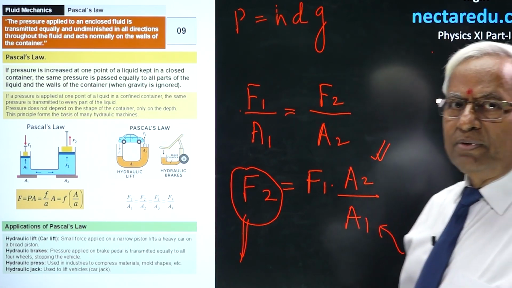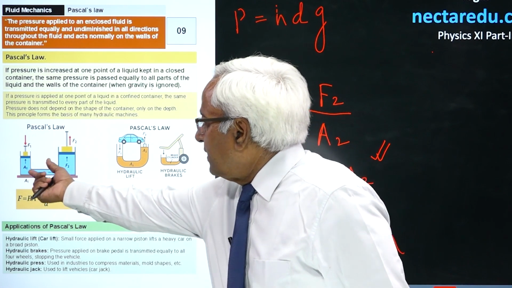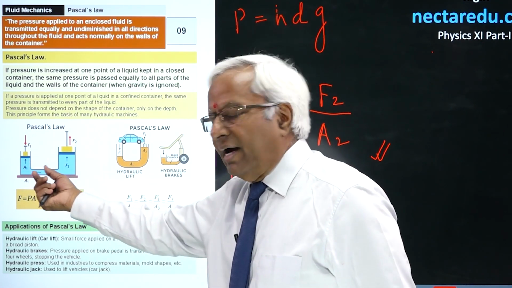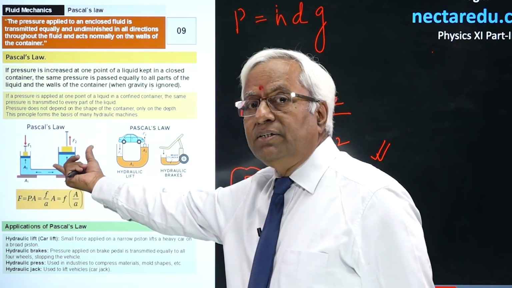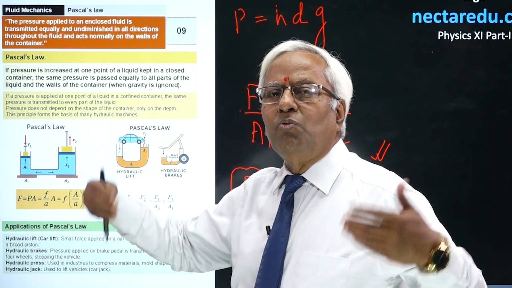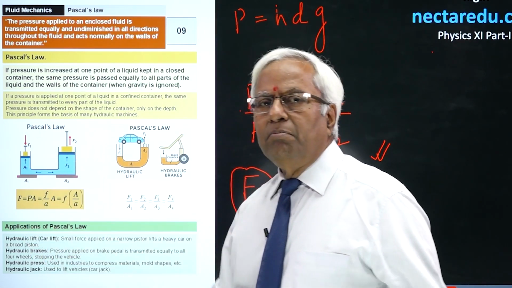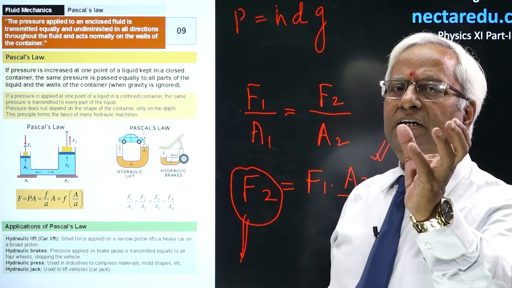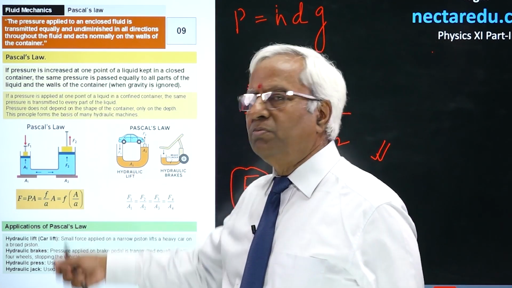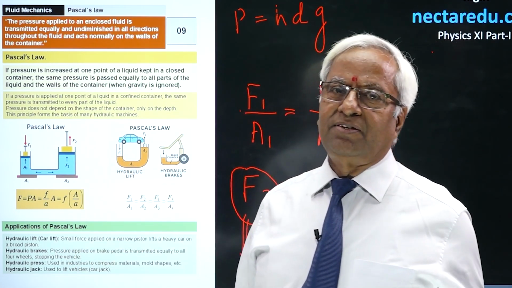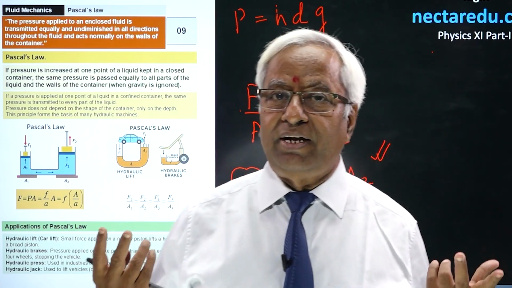So what's advisable here is that you take this tube narrower and take this tube wider. The wider the tube will be, the more load could be lifted by this side. No machine, no chain, simple water and two weights.